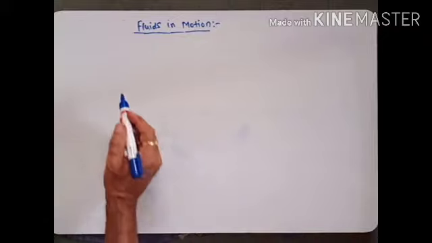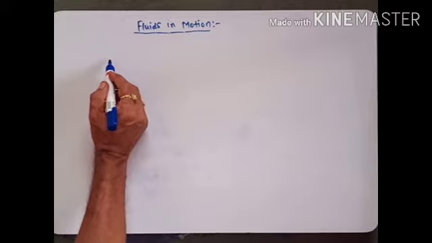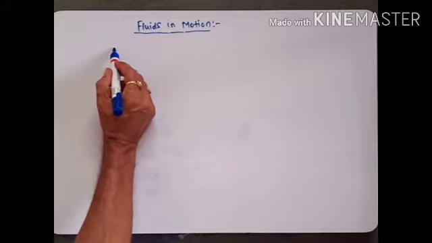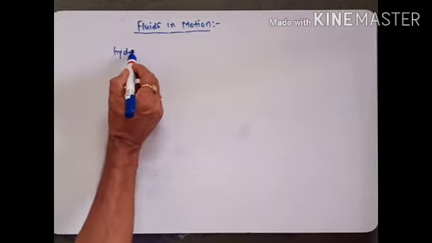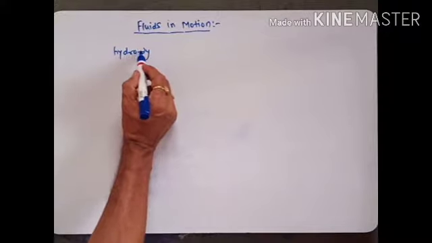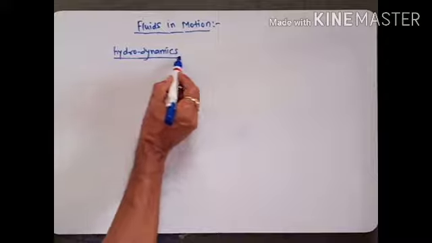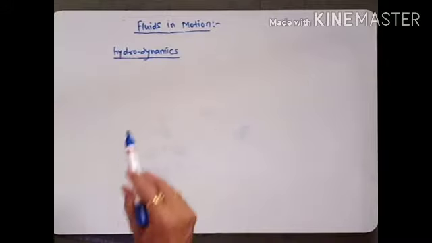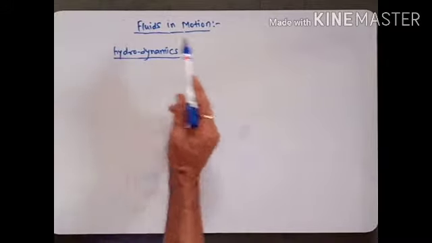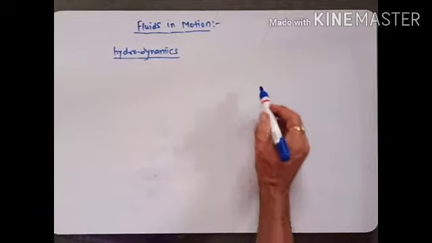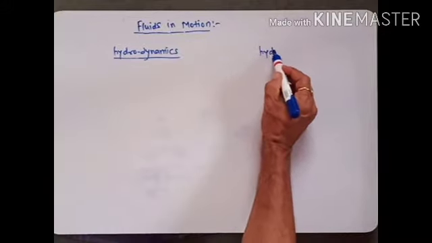The branch of physics which deals with the study of fluids in motion is called hydrodynamics. Hydrodynamics is the branch of physics which studies fluids in motion. And up till now we have studied hydrostatics.